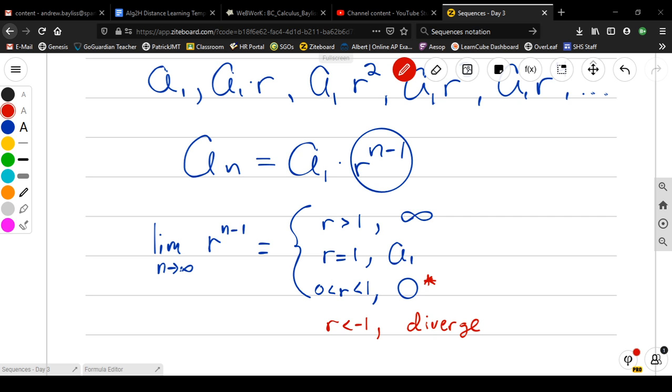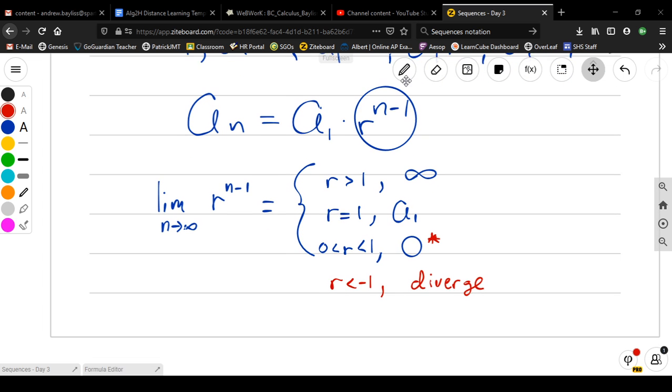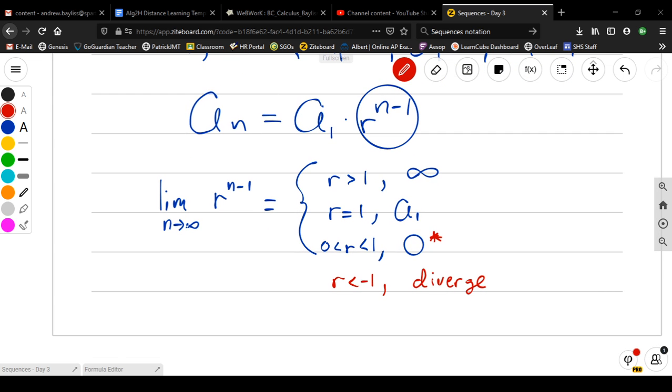Odd terms will end up being positive, and even terms will end up being negative, because it's n minus 1. So your odd terms shoot out to positive infinity and your even terms shoot out to negative infinity, in which case they don't go to one place or another, okay? So be careful of that negative common ratio between terms.